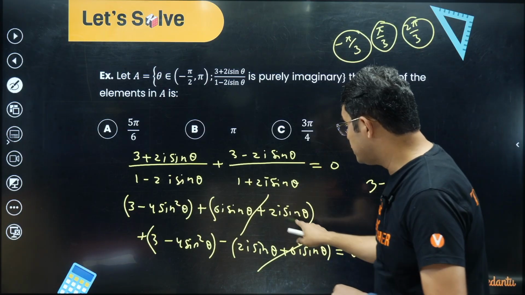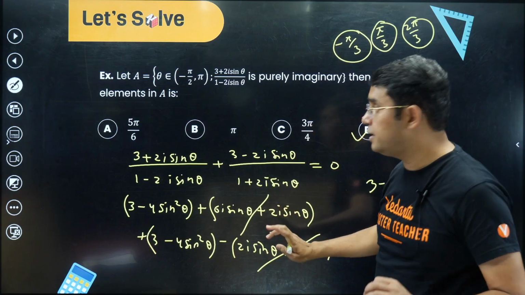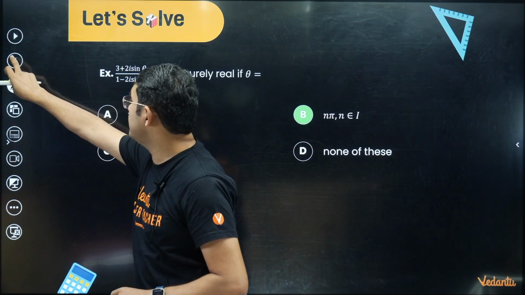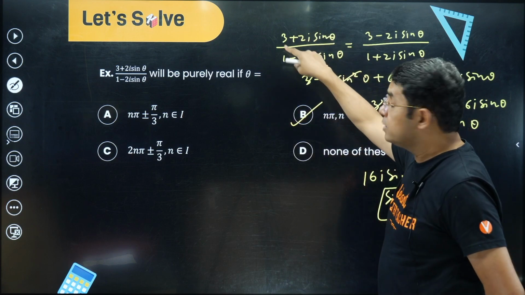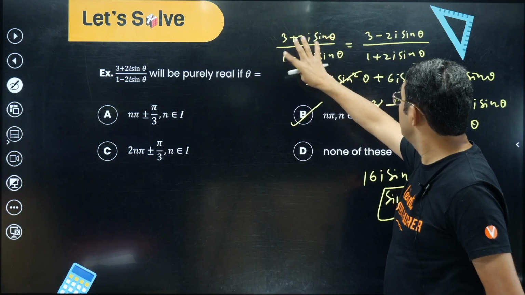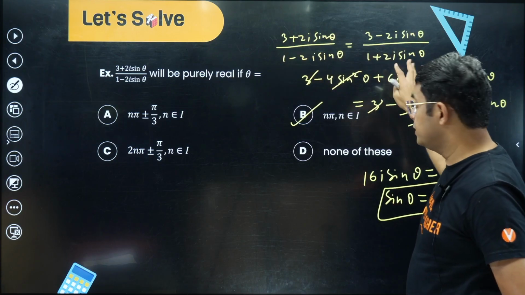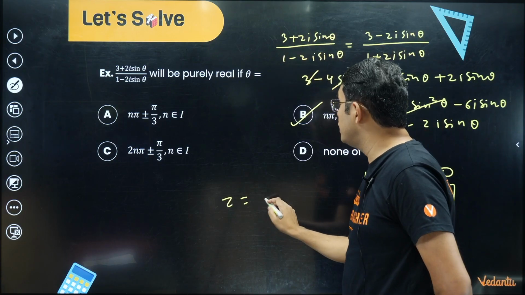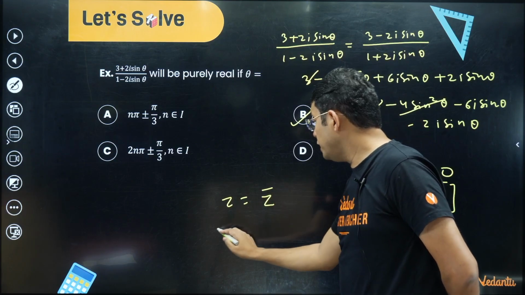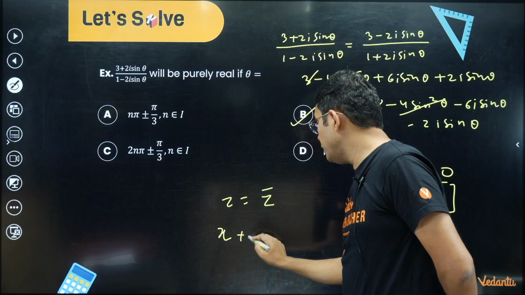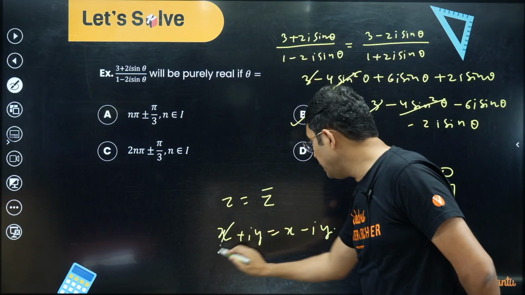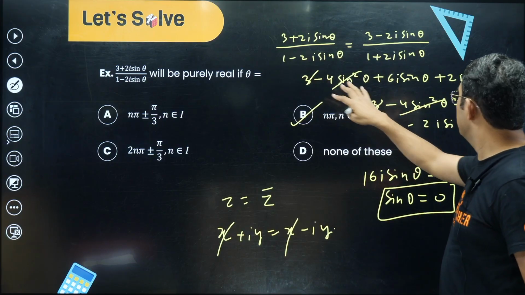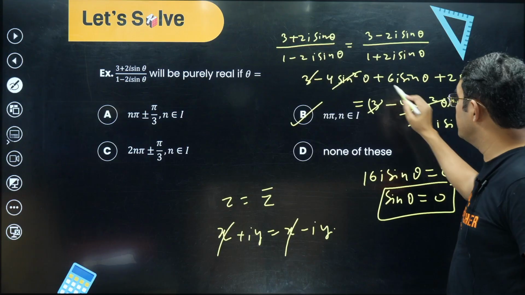In fact, what I was talking about here, that these two will cancel, was actually applicable in the calculation here also. Please understand, because I am equating a number with its own conjugate. So it is like Z is equal to Z bar. So it should be just X plus iota Y is equal to X minus iota Y. So the real part has to be cancelled, and you can see the real part was actually cancelling here.